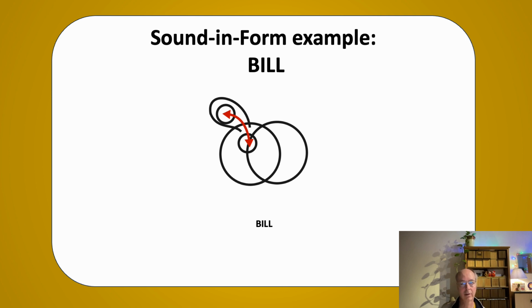Bill is this kind of interaction in a form. Here you don't understand what it is yet, but first I will express it slightly better with just one L. Bill is also one of the words that exist in Dutch.